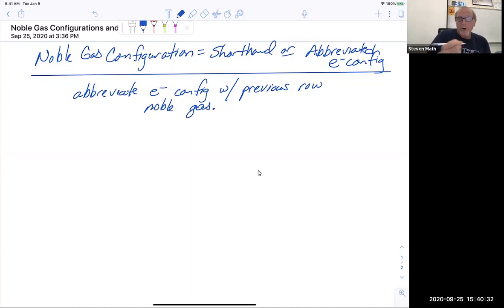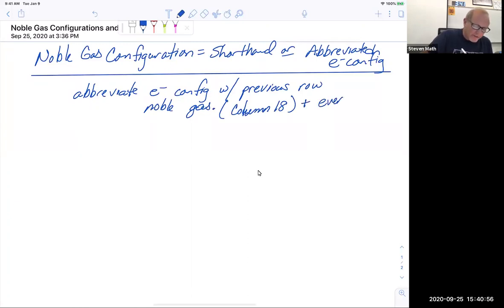Remember, noble gases are going to be column 18: helium, neon, argon, krypton, xenon. We're going to abbreviate our electron config with that plus everything after.